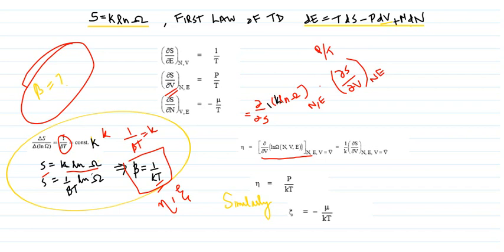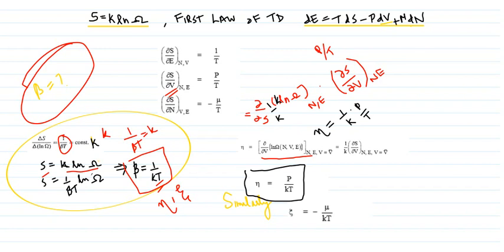So I can put 1 by k here, and dou by dou S of k ln omega is nothing but 1. So my equation will be 1 by k into dou S by dou V, which is P by T, right? So eta is equal to P by kT, right?